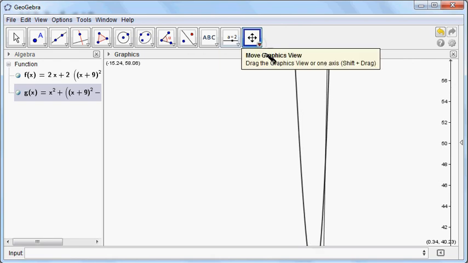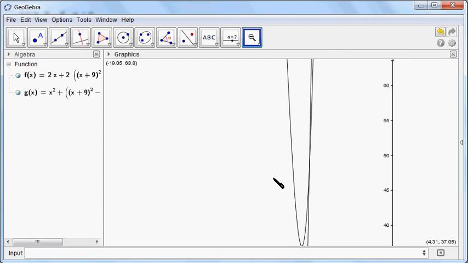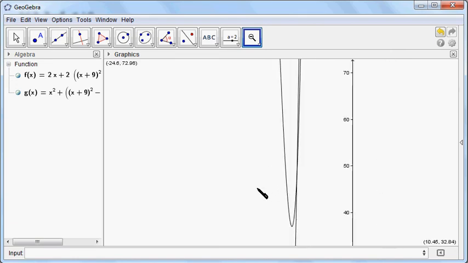I have to actually zoom out quite a bit. Right, zoom out. So you can see that the minimum is happening right here.